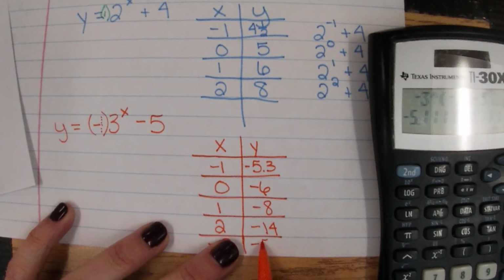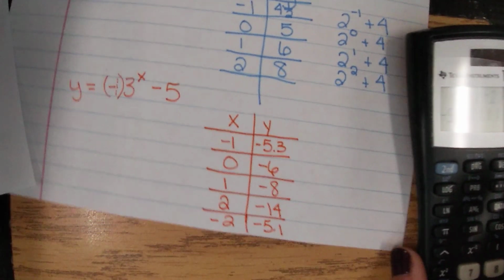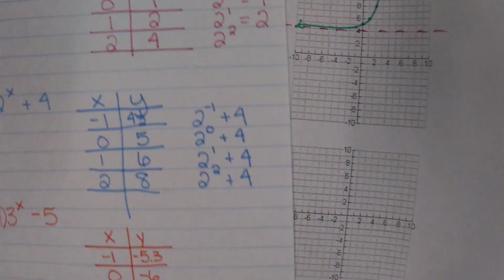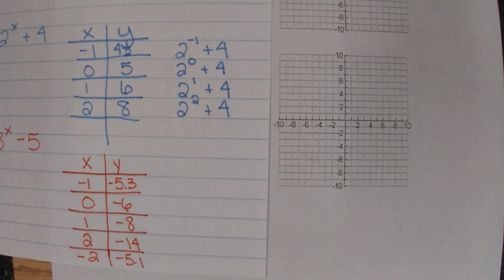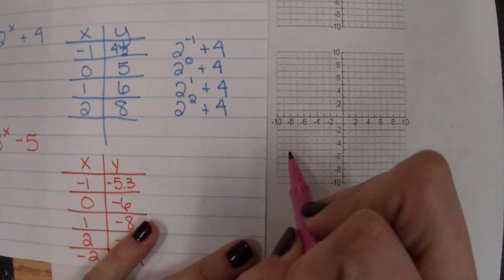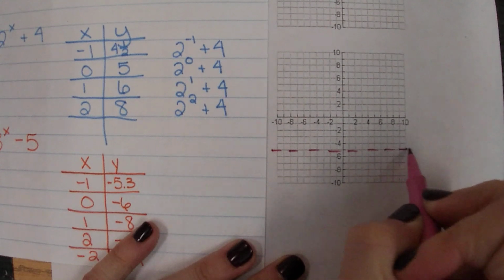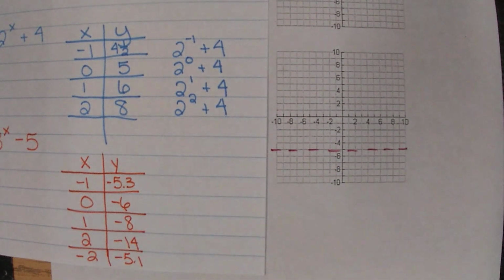So now we have -5.1, okay? So our asymptote on this one is at -5. So I'm gonna make my horizontal line at -5. Okay, and let's start plotting.